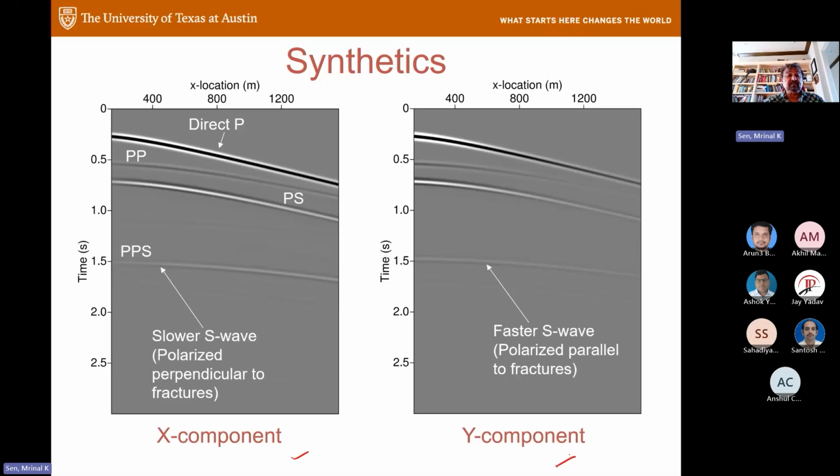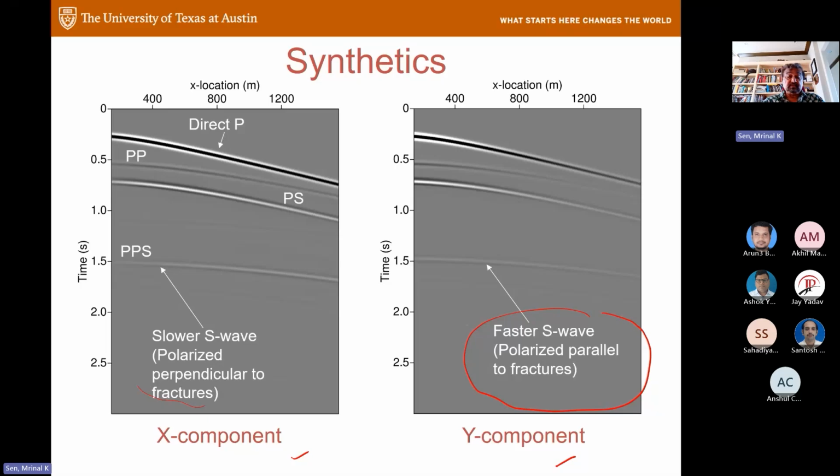This is Y component. So that's your direct wave. And this is the slower S wave polarized perpendicular to fractures. And this shows you the faster S wave polarized parallel to fractures. And if you look at the moveout, you can see that they are very different. And this is a typical shear wave splitting that you can expect when you have an anisotropic medium.